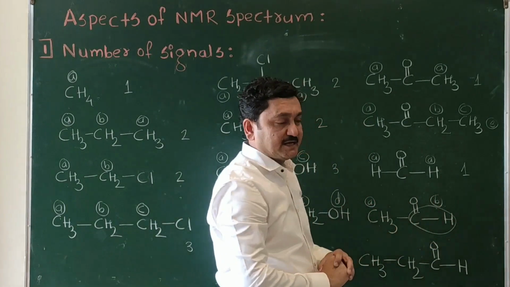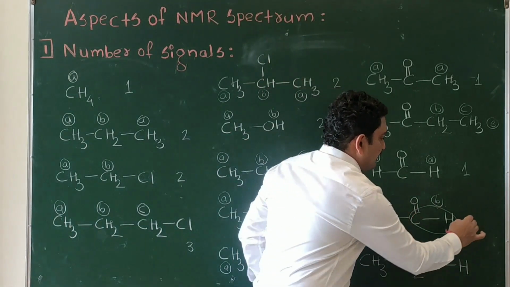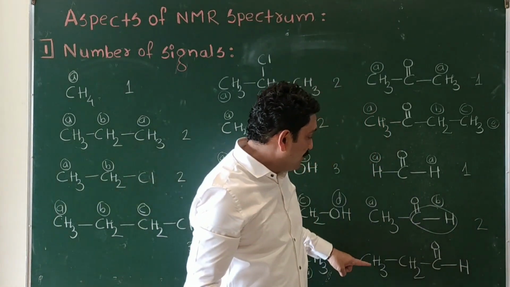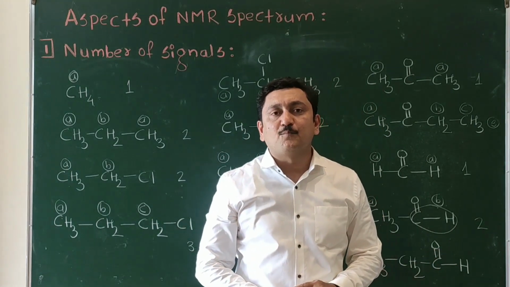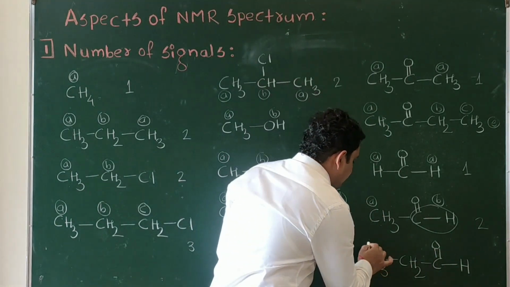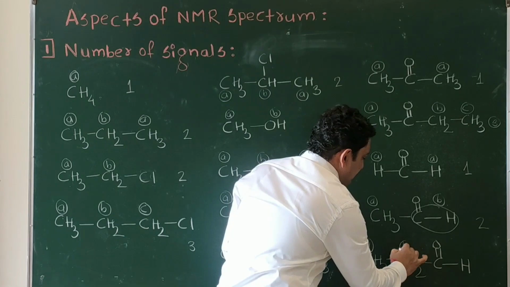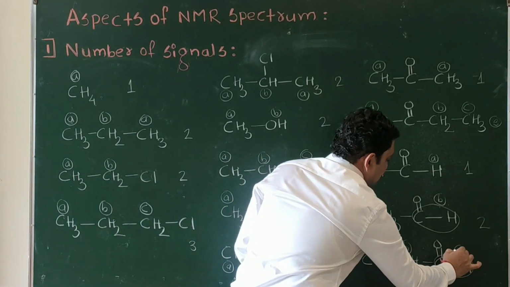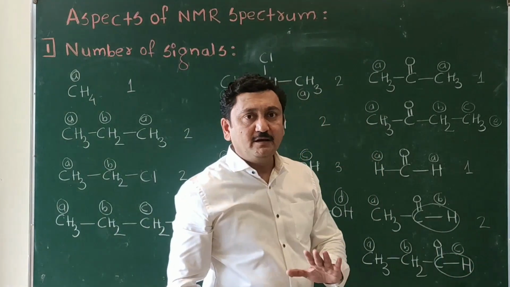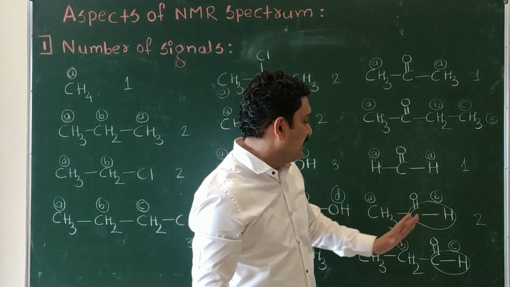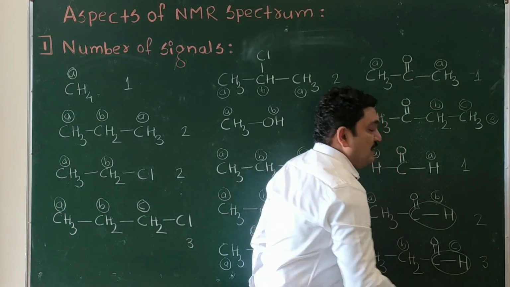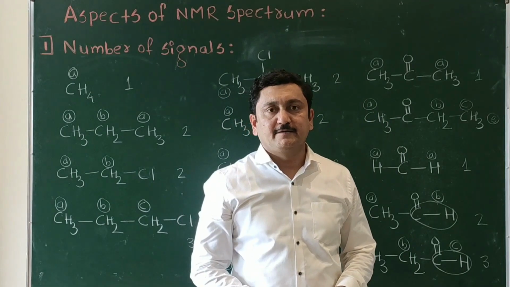They will give different signals, so the number of signals will be 2. Propionaldehyde, that is propanal. CH3, CH2 always give different signals, and CH also gives a different signal. No need to check; write different ABC. The number of signals will be 3 for propionaldehyde.